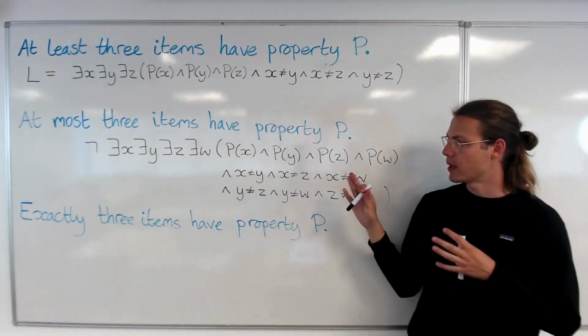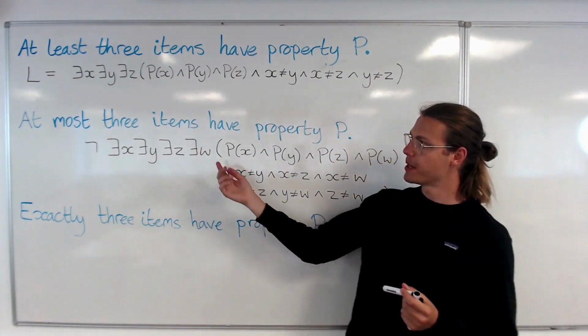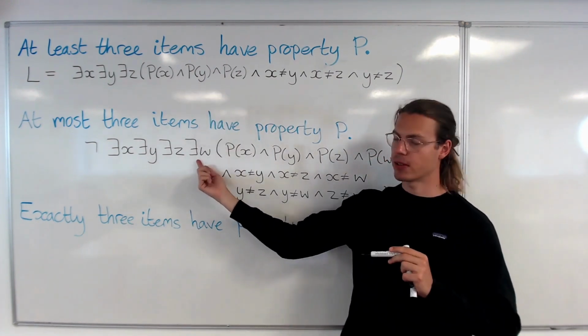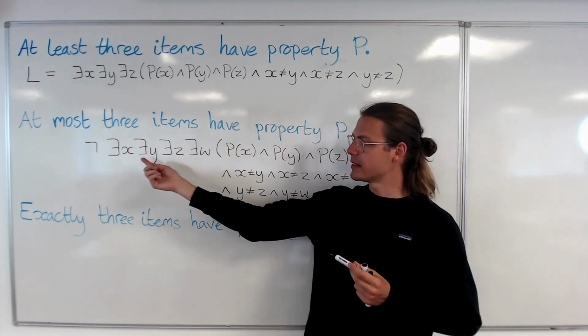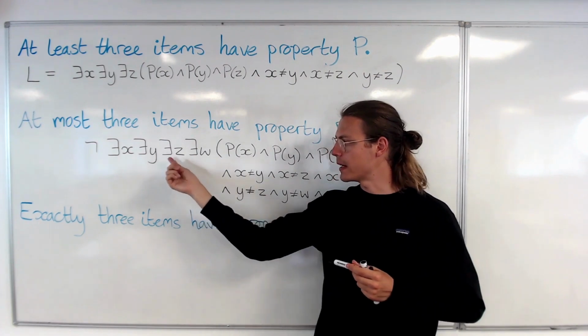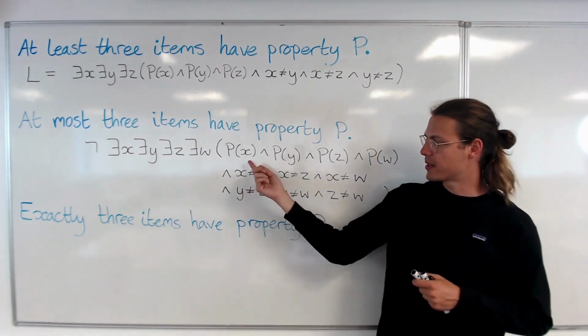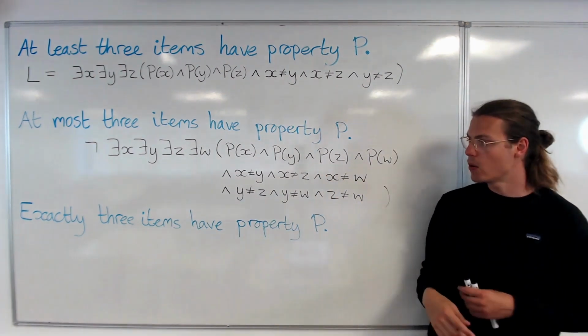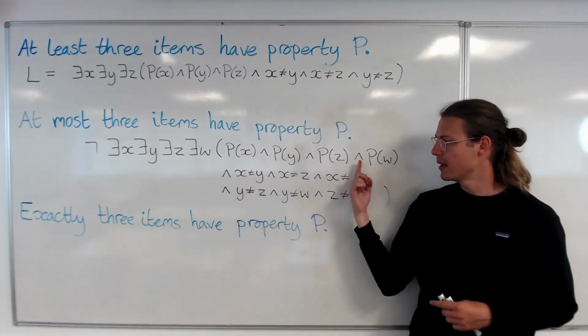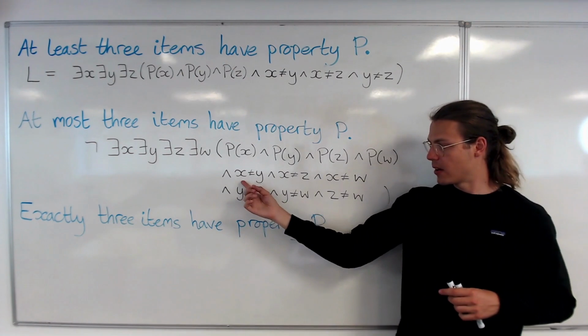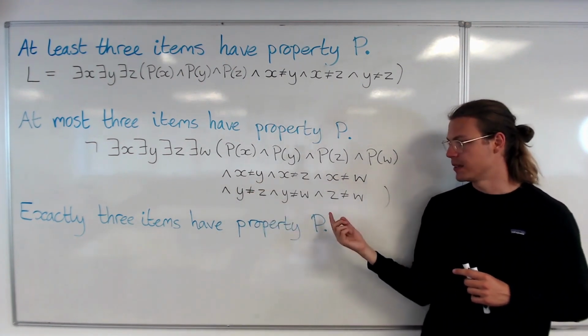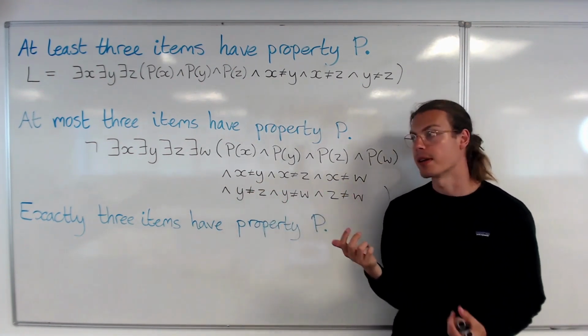So that's exactly what I've done here. It's pretty much the same statement, just I've got another thing here. So there exists an x, a y, a z, a w, such that x, y, z, and w all have property P, and they're all different things. None of them are equal to each other.